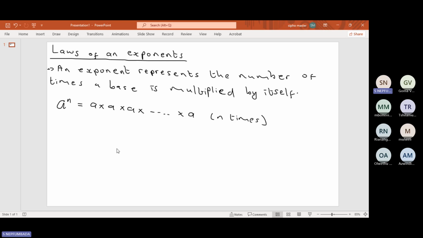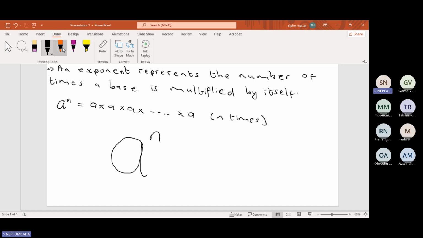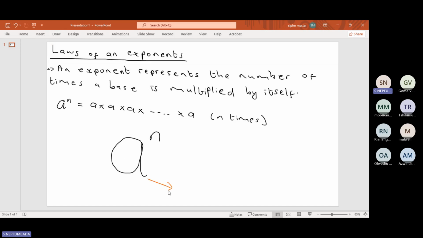So here, we can say a to the power n, where a stands for the base. This is the base, and this is the exponent or power.